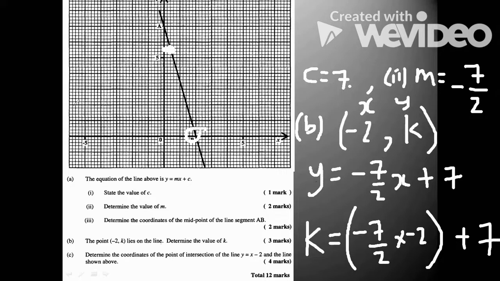So k, well, negative and negative will give you a positive, and 2 cancels 2. So we end up with 7 plus 7, which is 14. So k is equal to 14. So the point is actually (-2, 14).